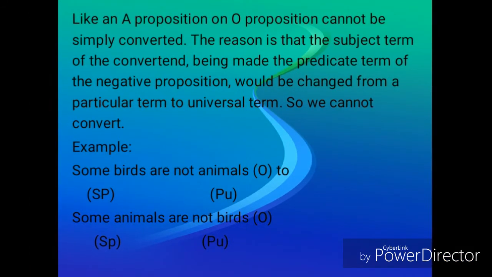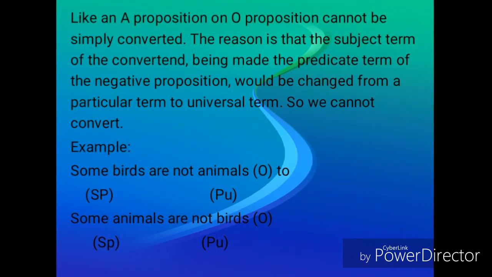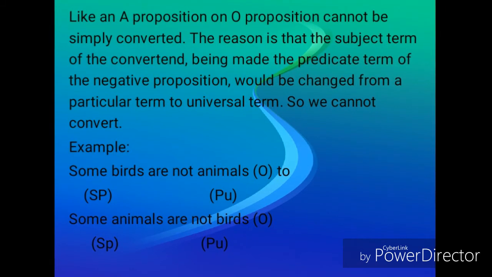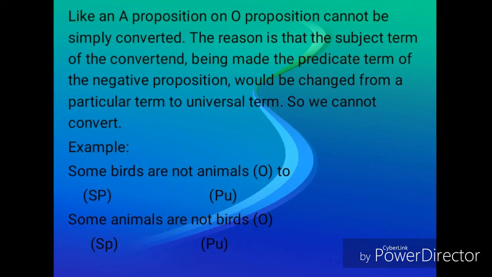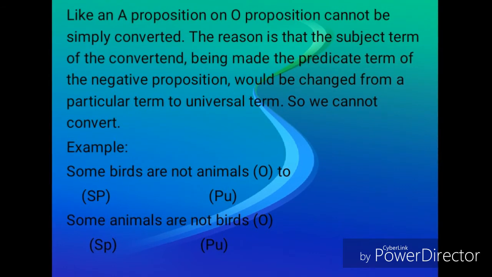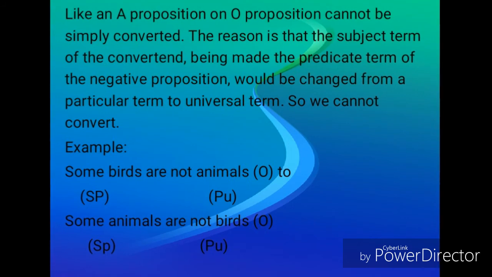An O proposition cannot be simply converted. The reason is that the subject term of the convertend, being made the predicate term of the negative proposition, will be changed from a particular term to a universal term.